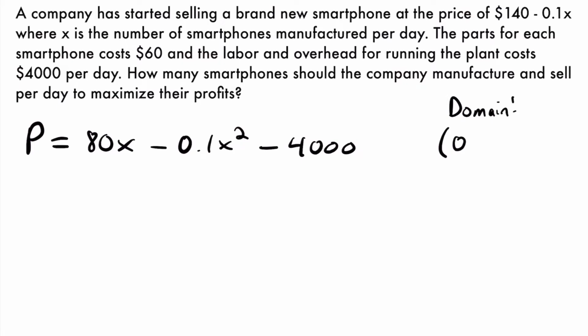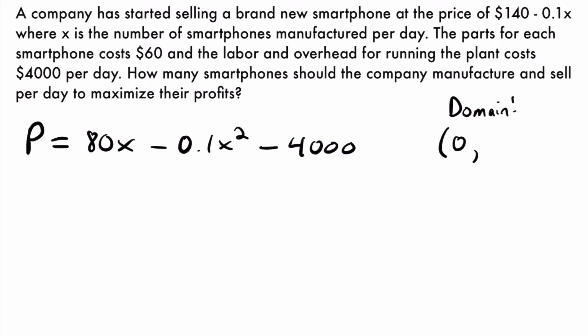The company probably doesn't want to make 0 smartphones, so it doesn't make sense for that to be included, and so we'll have an open bracket. And then what would be the upper bound? What would be the maximum number of smartphones that a company could make? Well, there's really no limit to that, right? The company could make as many smartphones as they like, but at a certain point, it's not going to be profitable for them anymore.